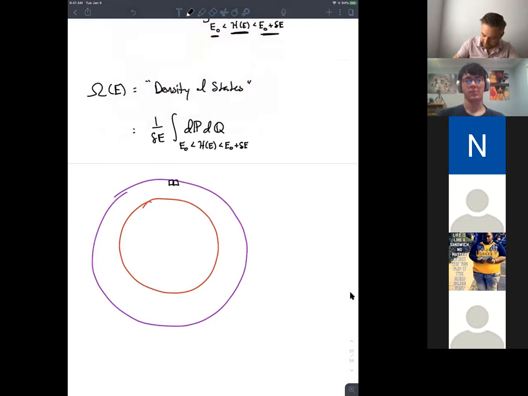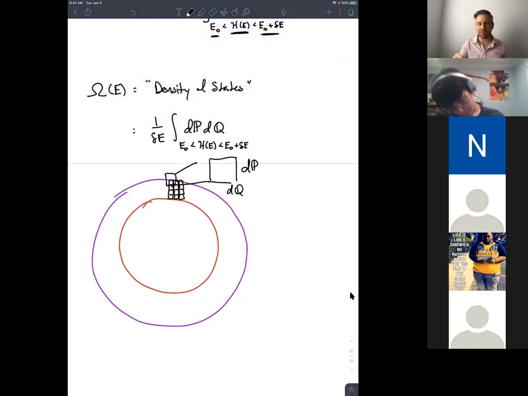I'm essentially counting how many boxes. If I zoom in, this box has height dp and width dq. What this integral is telling me is simply the number of boxes in this shape.